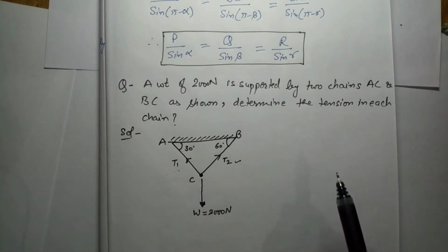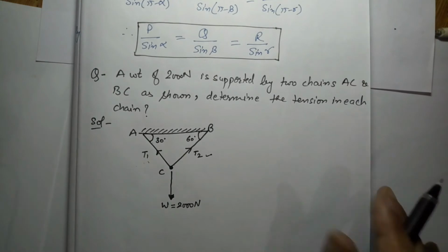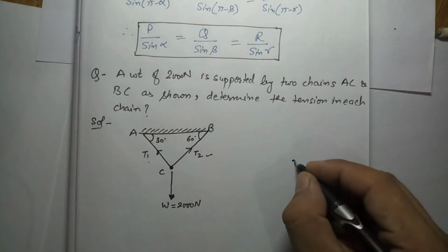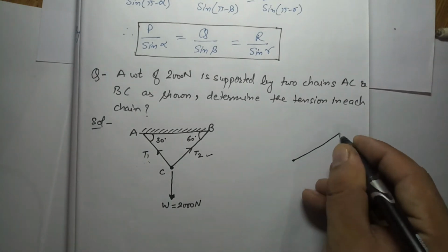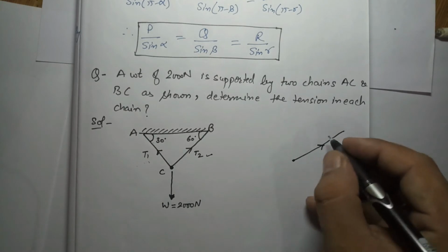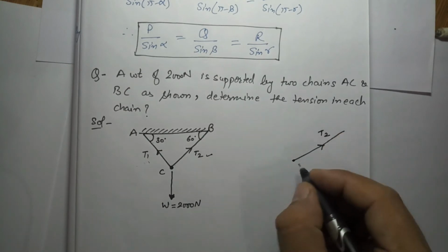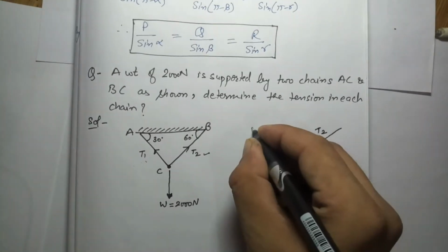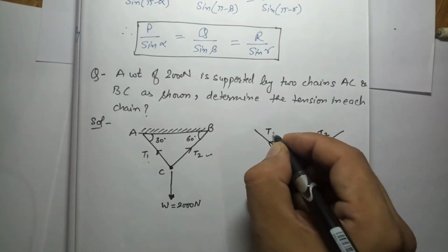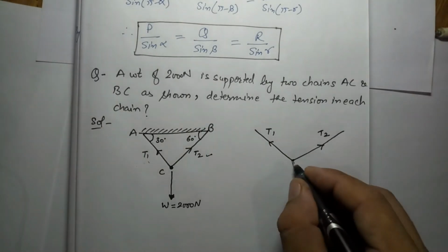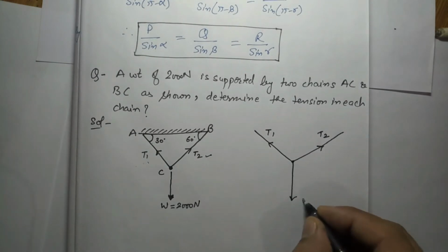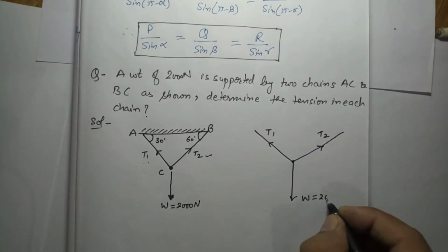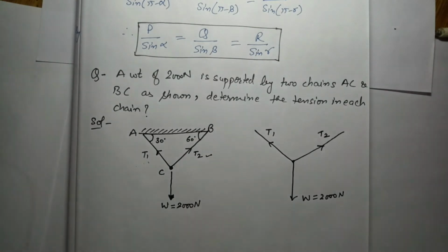Now let's draw the free body diagram of this first. If I draw the diagram of forces only, this is tension T2, this is tension T1, and in this direction a weight is acting, that is 2000 Newton.